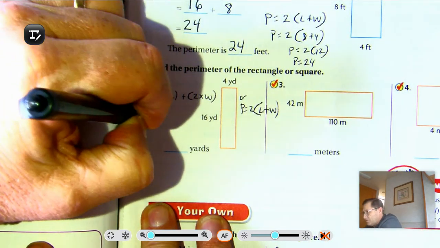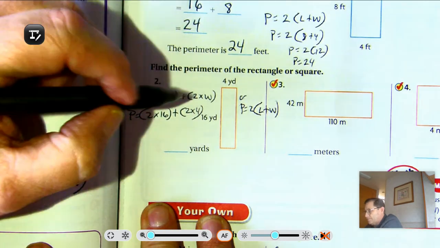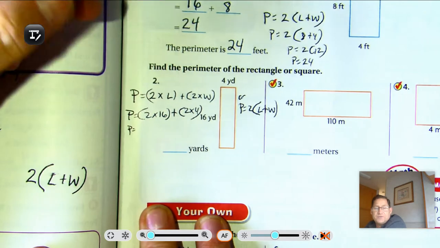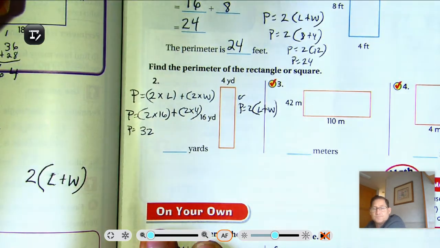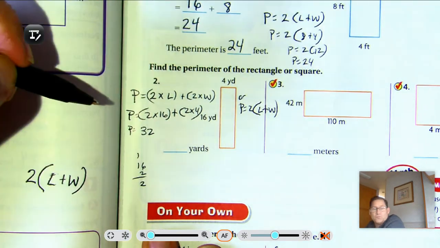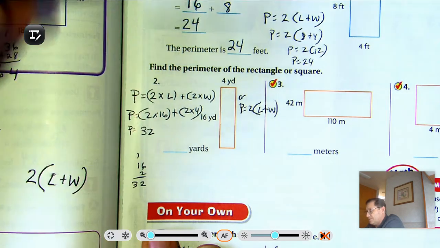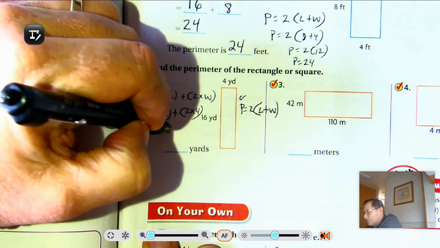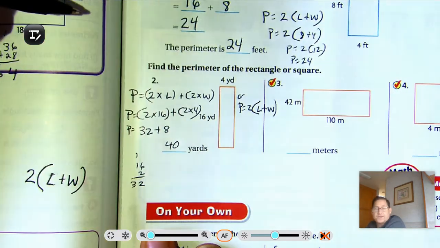P equals 2 times 16 plus 2 times 4. 16 plus 16, or 16 times 2, is 32. Okay. 2 times 6 is 12. Regroup that as 1 ten and 2 ones. 2 times 1 is 2, plus the regrouped ten, 32. 2 times 4 is 8. 32 plus 8 is 40 yards.